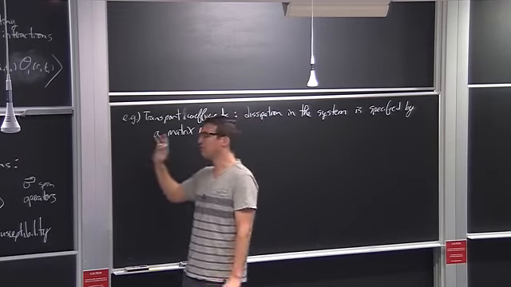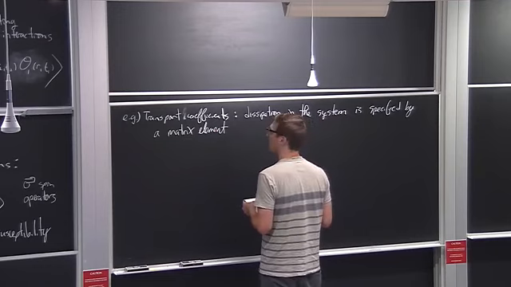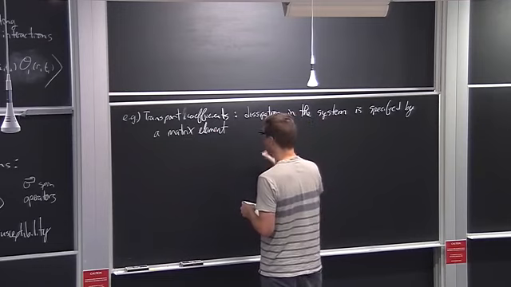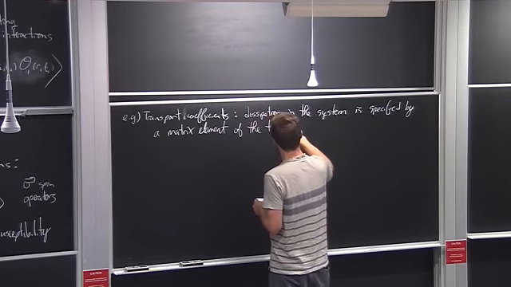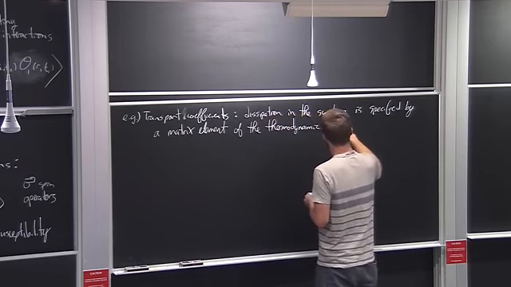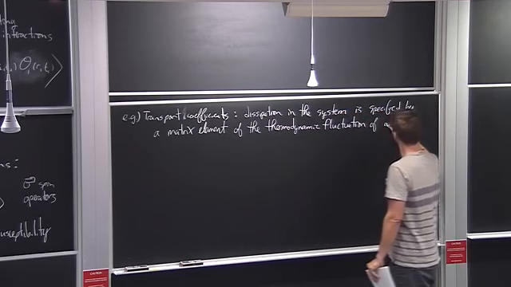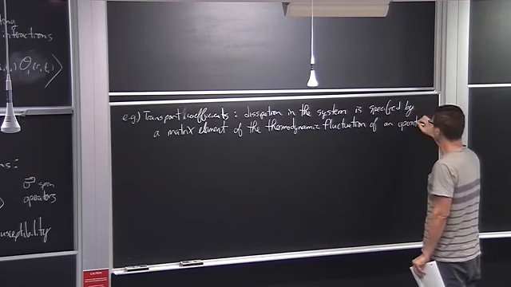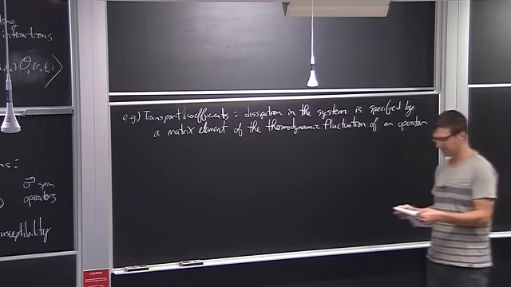So these types of correlation functions, if it's a single operator, it looks like a fluctuation. So you can say a matrix element of the thermodynamic fluctuation. That matrix element can be calculated in the path integral.